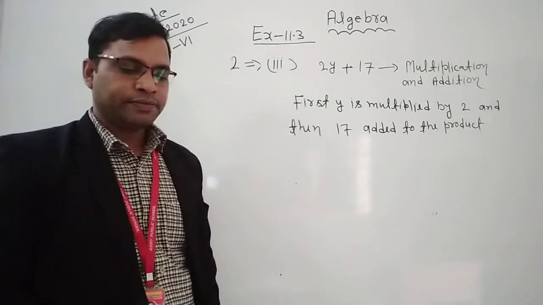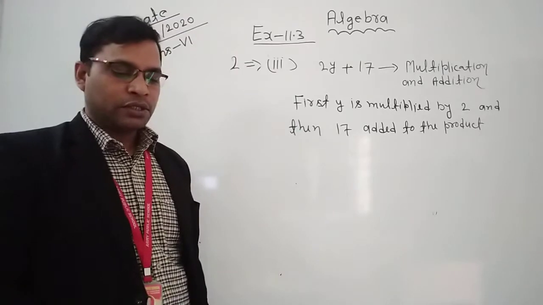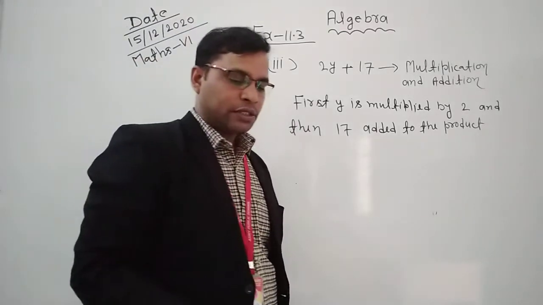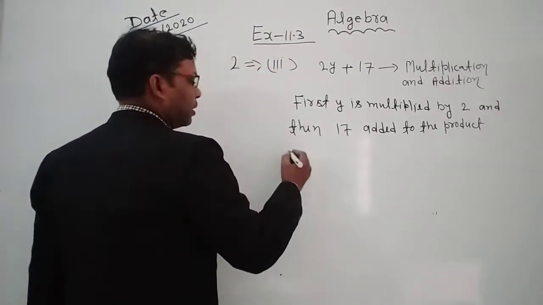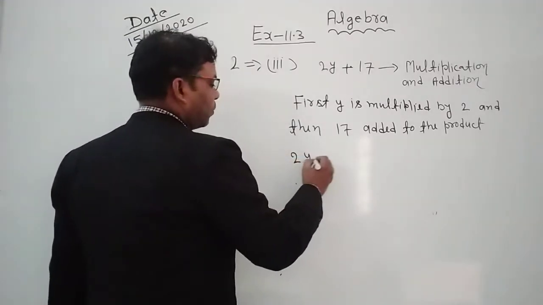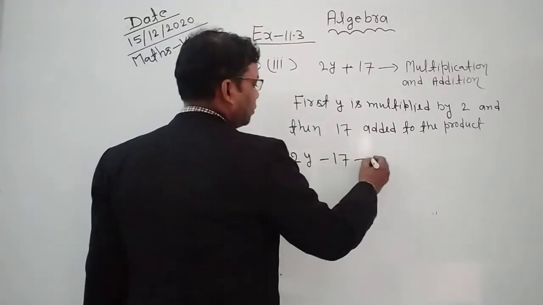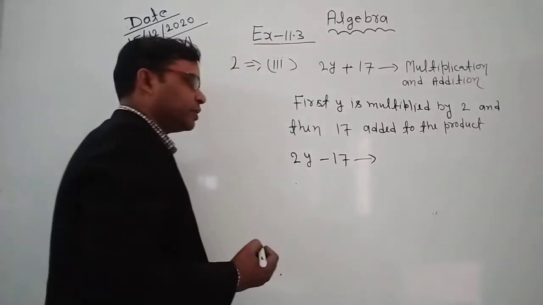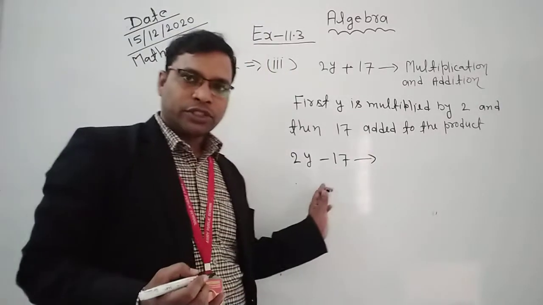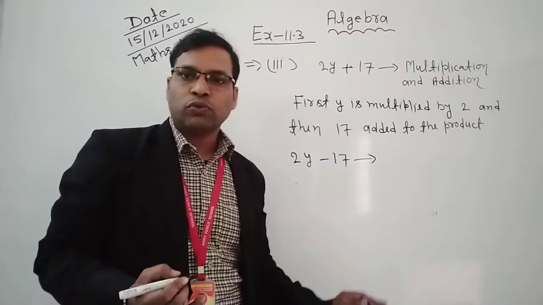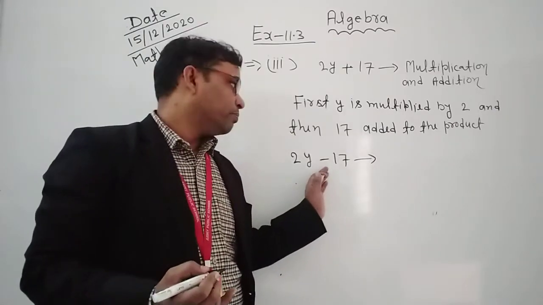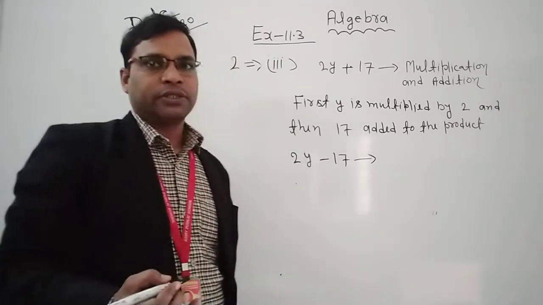This is clear. Now the next part of this question is 2y minus 17. First we identify the operations used in this expression. Here 2y means 2 into y, so multiplication operation, and minus 17 is the subtraction operation.